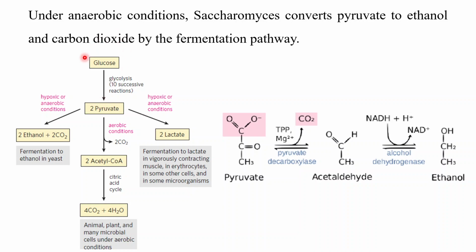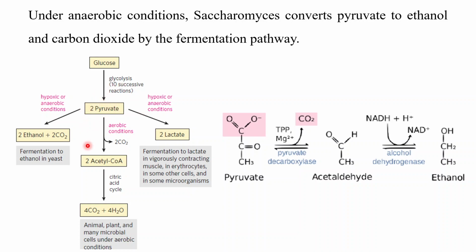So till now from glucose we have gotten pyruvate. From pyruvate there are 3 possible pathways under aerobic condition, that is in presence of oxygen, that is all the human beings and all the animals and plants you see around yourself.